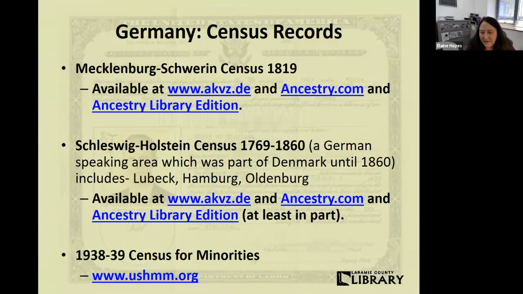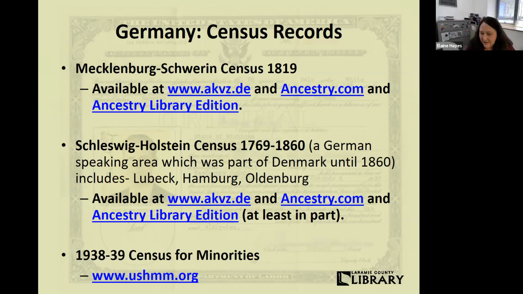Germany has done some census, not as regularly as we do in the United States, but there are some big census information. This Mecklenburg-Schwerin census of 1819 is on Ancestry.com, or this is the location for an archives in Germany, akvz.de.